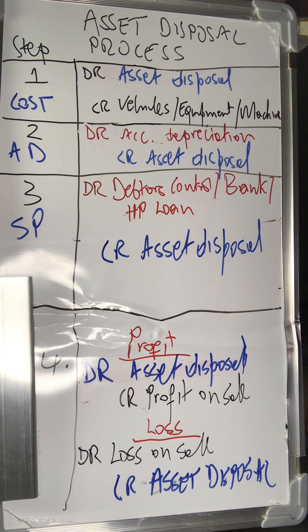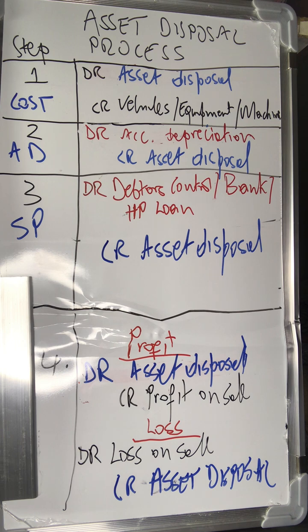And that process whereby you are exchanging your existing asset for a new one is called a trade in. So you can sell that asset for cash, you can sell it on credit, or you can exchange it through a trade in. Let's look at the constant and non-changing steps of the asset disposal process.